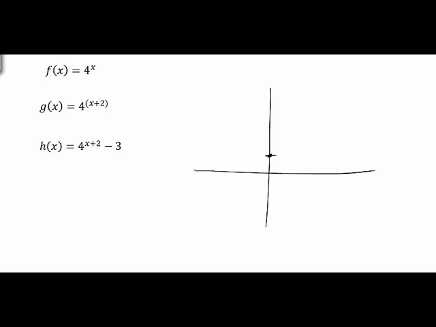So whereas maybe 2 to the x looks like this, this is going to increase at a much faster rate, because instead of having 2 squared, here you're going to have 4 squared, which is 16. So the graph's going to increase maybe a little bit sharper.